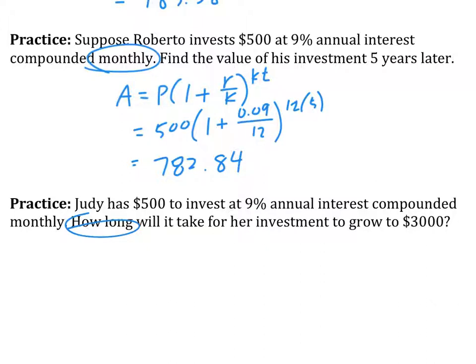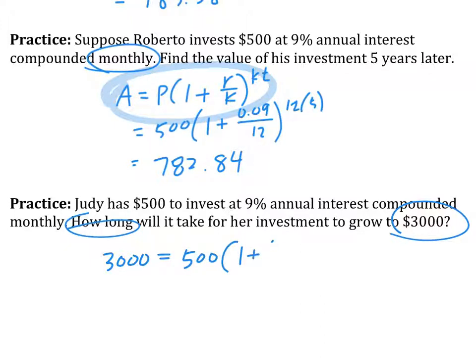How long refers to which variable in our equation? T. So we need to solve for T. Now this 3,000 means what? A, correct. So this is 3,000. Since it's the same as Roberto, we're going to just write exactly the same. 500 times 1 plus 0.09 over 12 to the 12t.